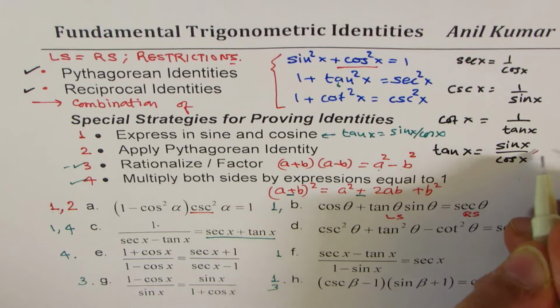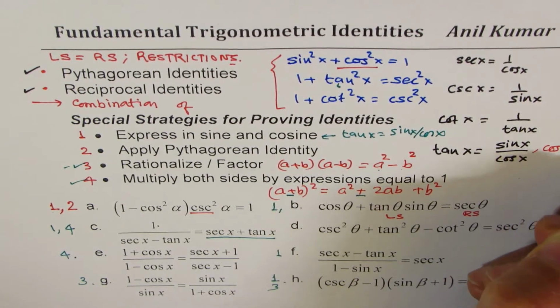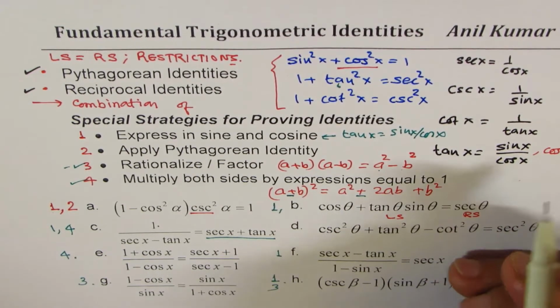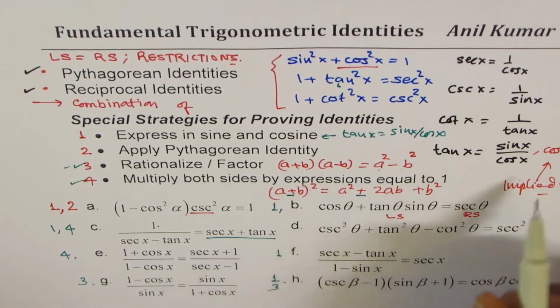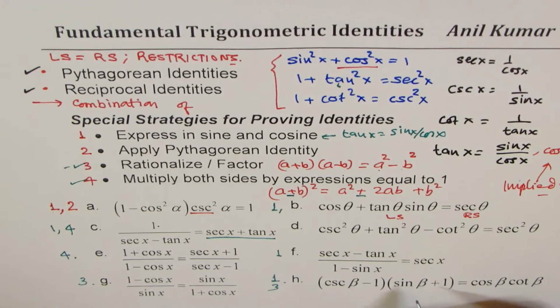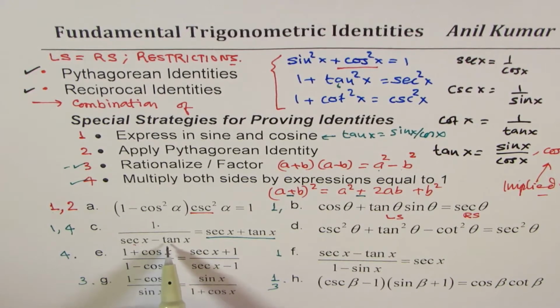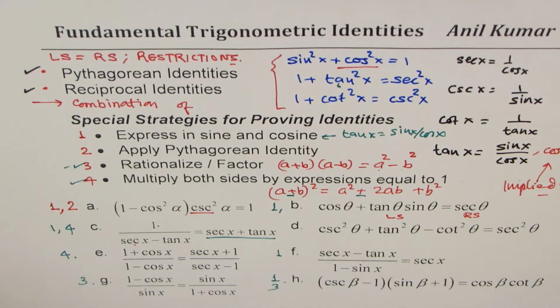So we will never write cos x is not equal to 0. Do you understand? It is understood. So it is implied. So in our proof and most of the books will not write restrictions while proving identities. Denominator cannot be 0 is implied. That's very important to understand.